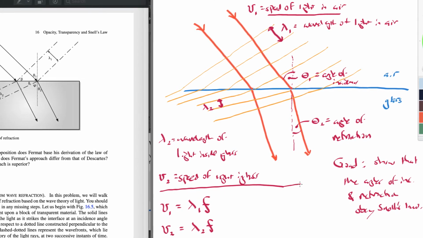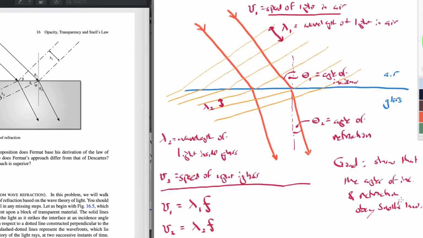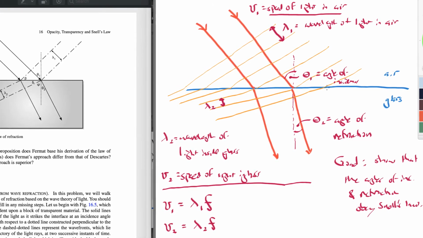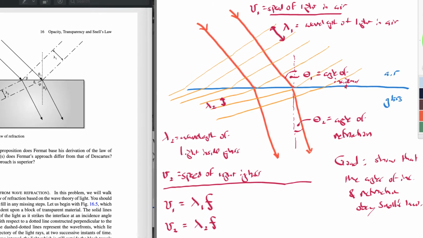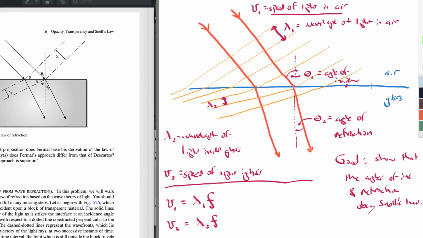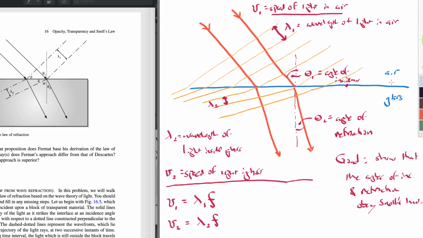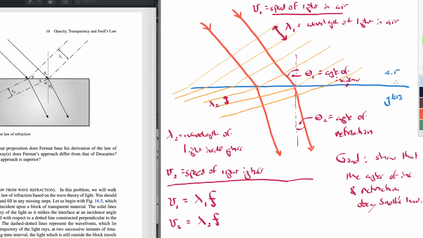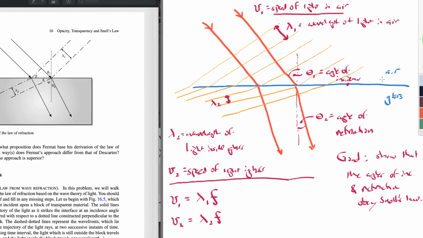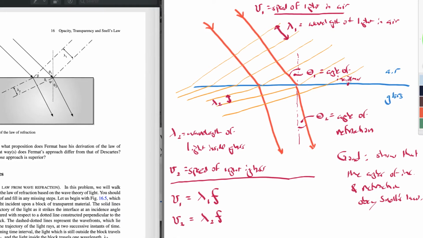This might not be obvious to you why this is, but I'll give you maybe one way of thinking about this. If you think about a particle that's right on the edge between the air and the glass, and as the waves come from above and make it vibrate back and forth, there's going to be some frequency with which it vibrates because of the incident light from the outside.